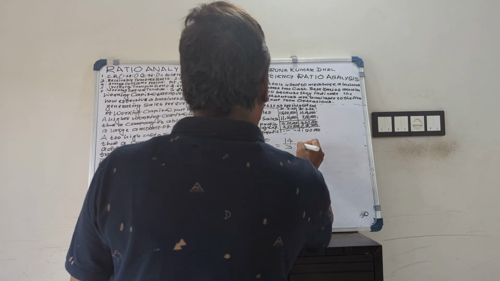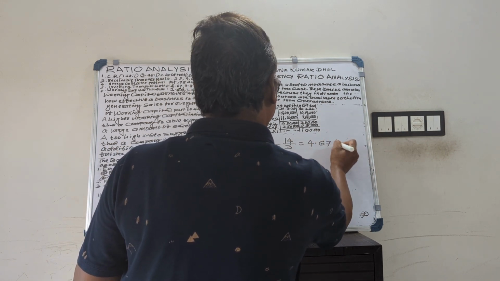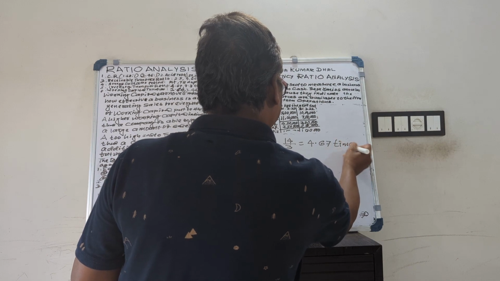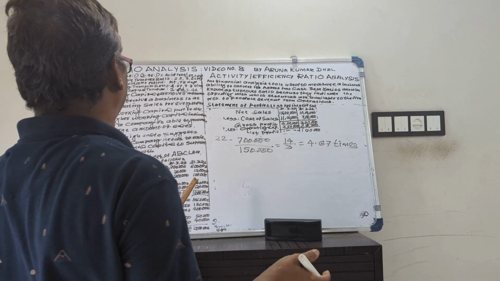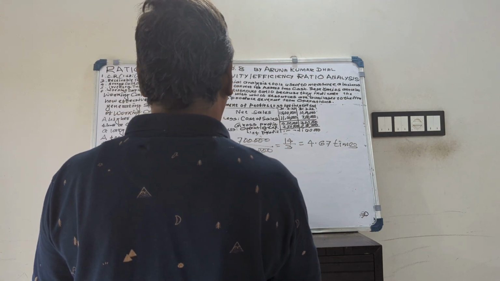So inventory turnover ratio is 4.67 times. That means the inventory is converted into sales 4.6 times in a year.